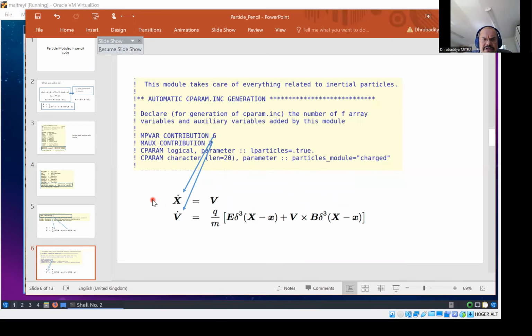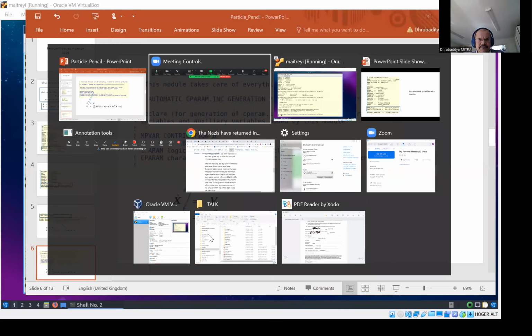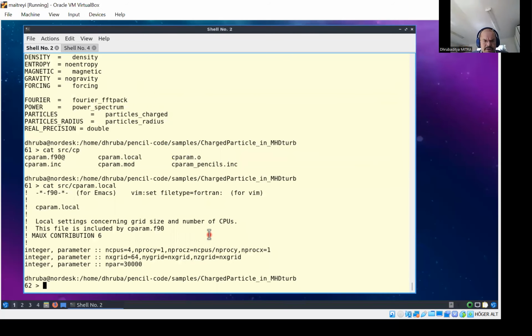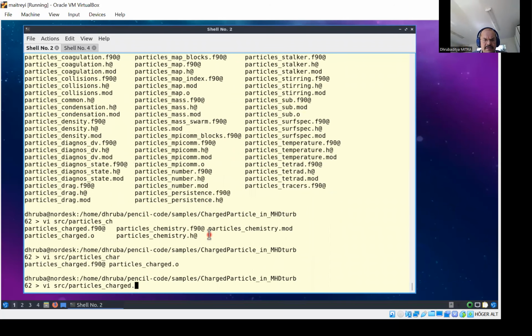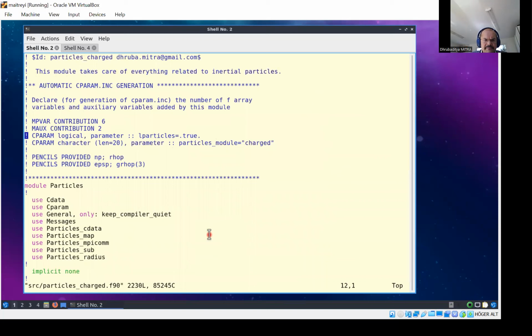Now let's look at the particle module. So first quantity to look at is this one. So src/particles and then particles_charged.f90. Okay. So in the first there you see MP var contribution 6, M auxiliary contribution 2.